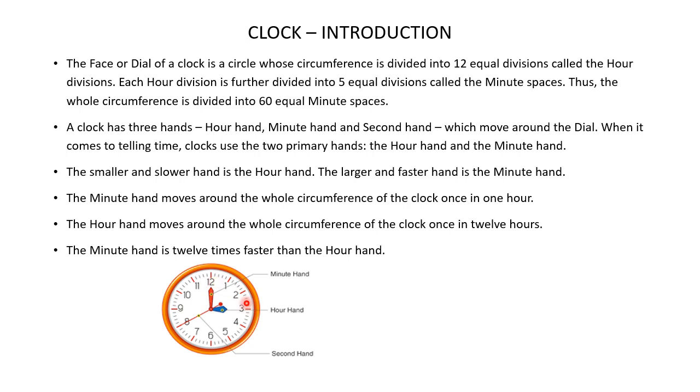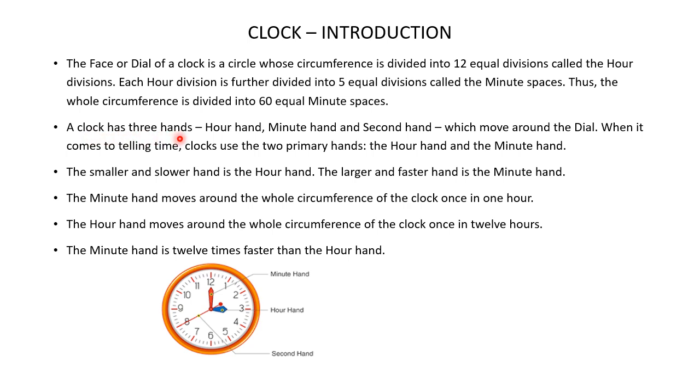So, there are 12 hour divisions and each hour division has 5 minute spaces, which means the whole circumference is divided into 60 equal minute spaces. That is 12 multiplied by 5 is 60. So the whole circumference is divided into 60 equal minute spaces.